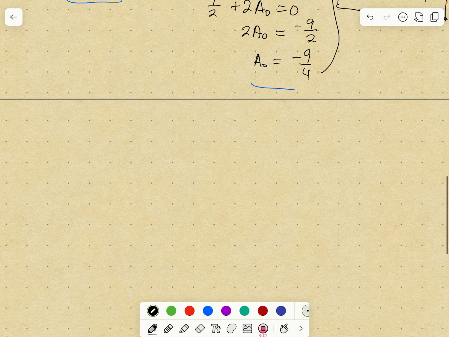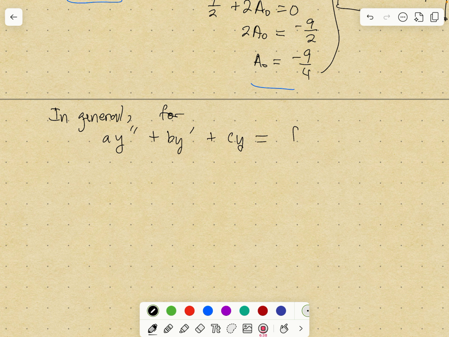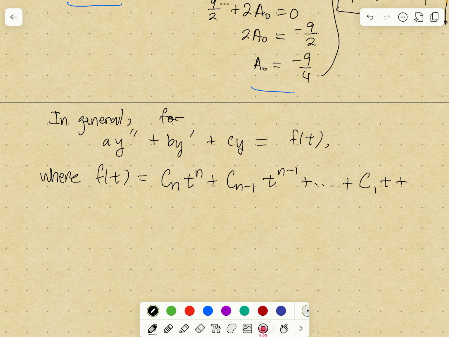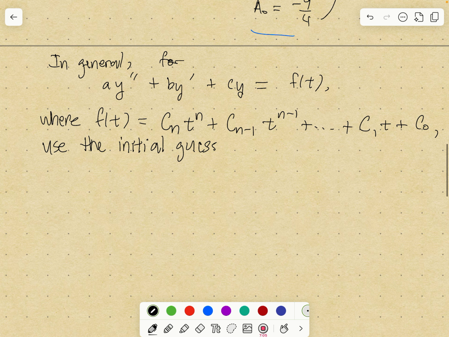So in general, when you have this differential equation, ay double prime plus by prime plus cy equals a polynomial, where the right-hand side is, say, capital Cn t to the n plus capital Cn minus 1 t to the n minus 1 plus dot dot dot plus capital C1 t plus C0, we should use the initial guess yp equals a degree n polynomial.